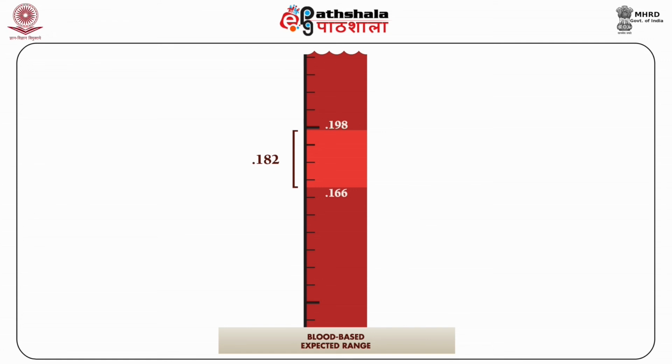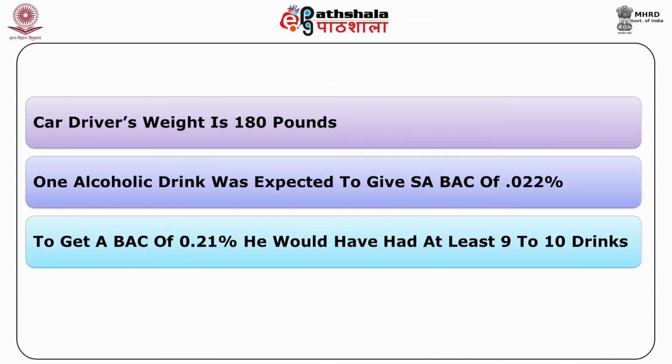Based on the time of his last drink, his BAC can be calculated at various intervals, including his presence in the bar, as well as at the time of accident from his blood drawn. Since the car driver's weight is 180 pounds, one alcoholic drink was expected to give a BAC of 0.022%.